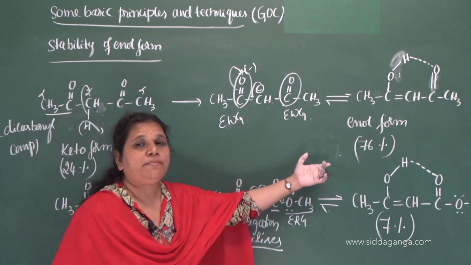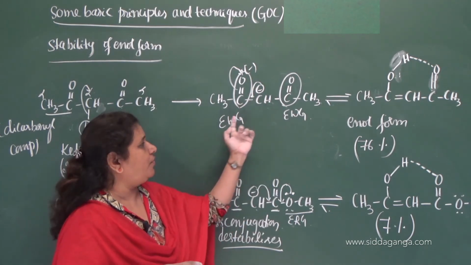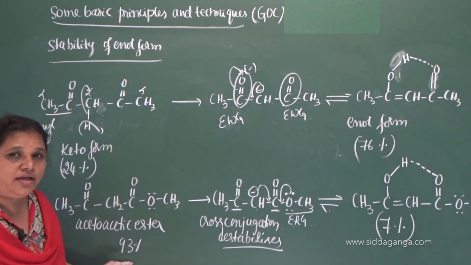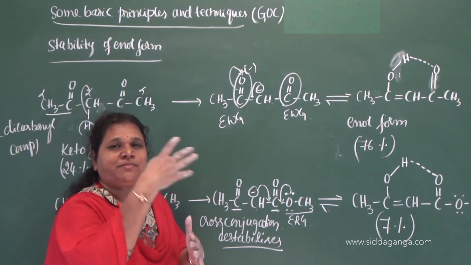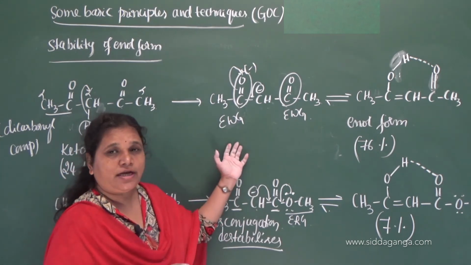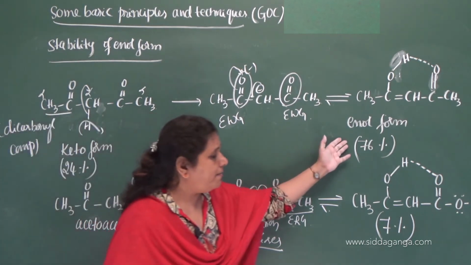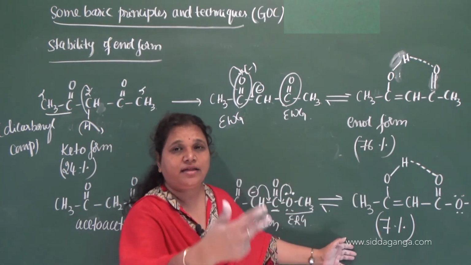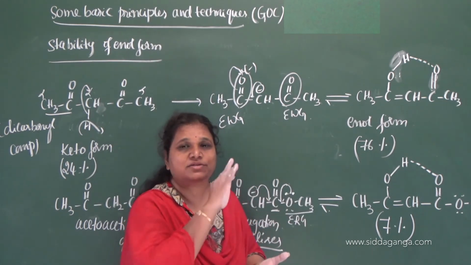That is because the anion is more stable due to two electron withdrawing groups. But in acetoacetic ester the enol form increases from 1% to 7%, but still it is much less compared to that in acetyl acetone. Compared to acetyl acetone, the percentage of enol form has decreased, and it is not much higher than the keto form, but there is an increase in the enol form from 1% to 7%.